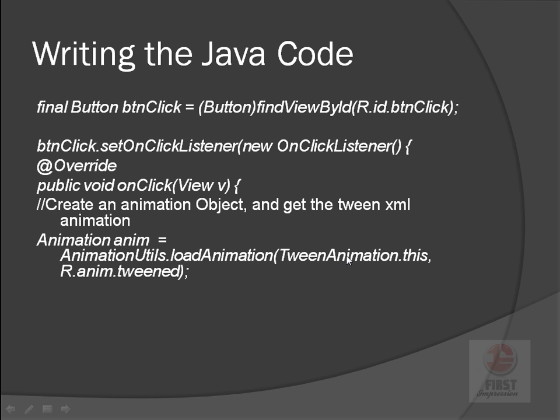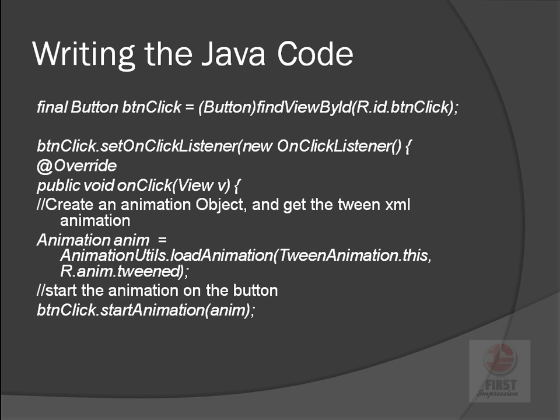In this case, the activity name is Tween Animation, but when we code it, the name of the activity will be MainActivity. So we'll say MainActivity.this, and once the animation is loaded, we just have to start that animation on the control. So we'll say btn_click.startAnimation(anim). This will start the animation anim on your control btn_click.